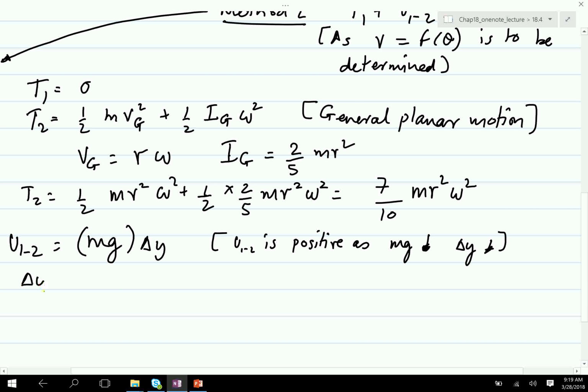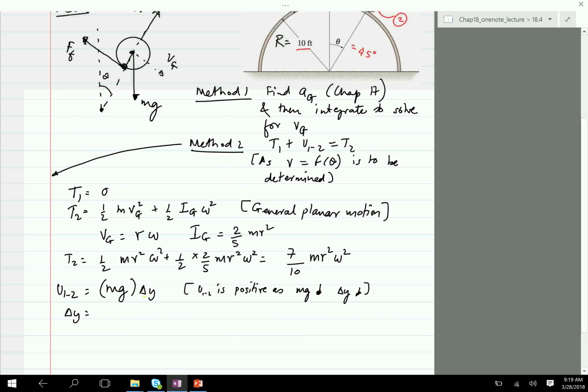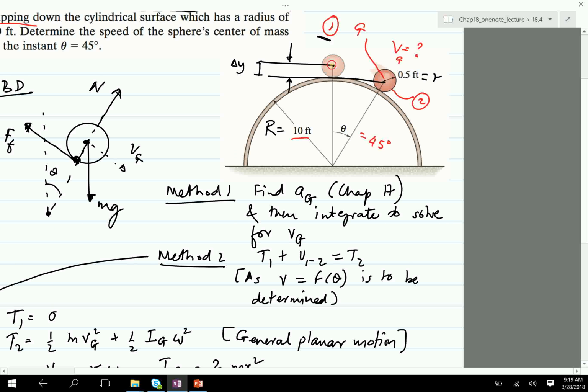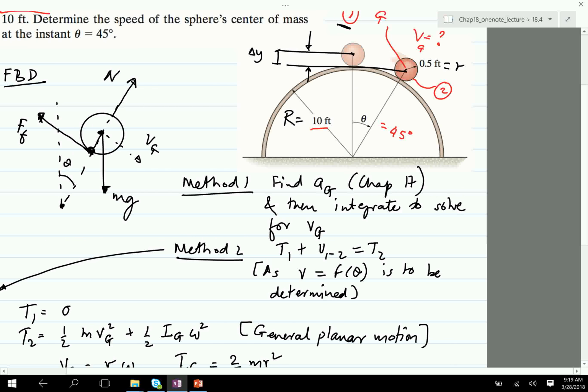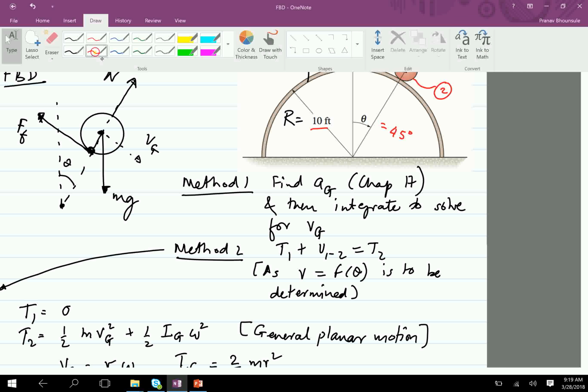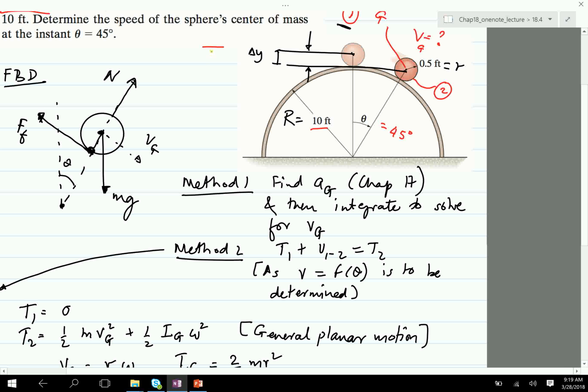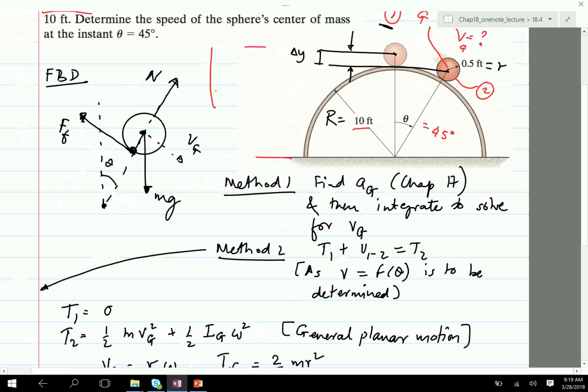So what is delta y? What's the distance moved by the center from here to here? What's this height?